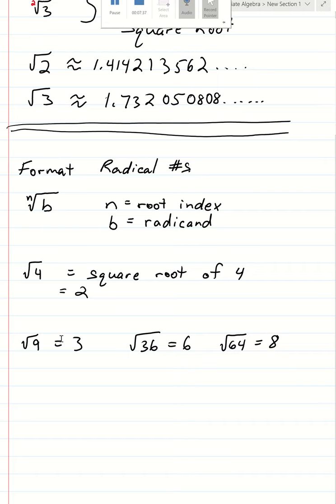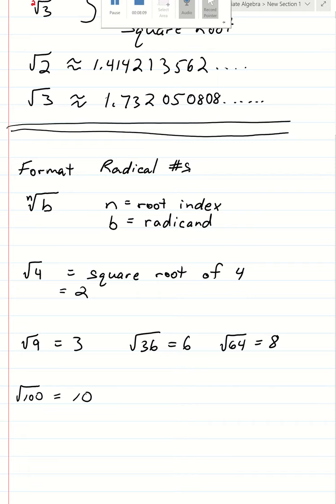And these are things that you can actually get from your scientific calculators. Most scientific calculators already have a square root button on them. So you would just have to activate that button and type the radicand underneath. When you hit the equal sign, you get the answer, whether it be 3, 6, or 8. So by taking the square root of maybe the number 100, of course, that would give us the number 10.